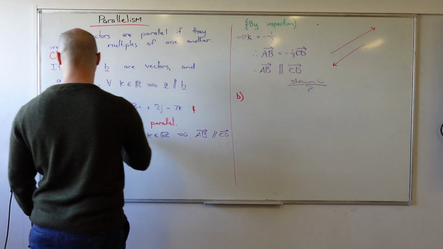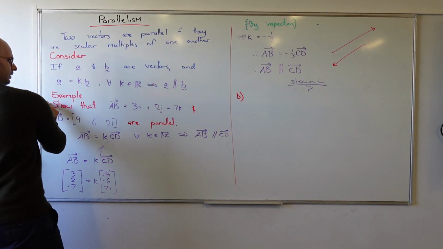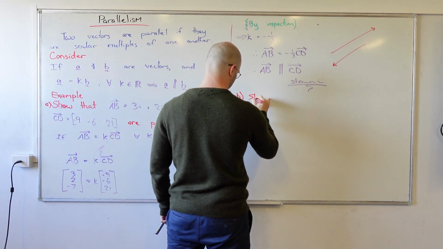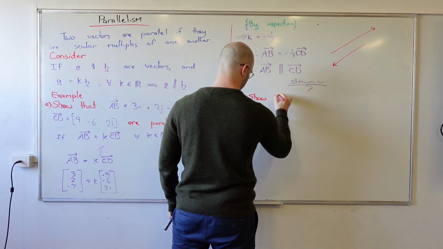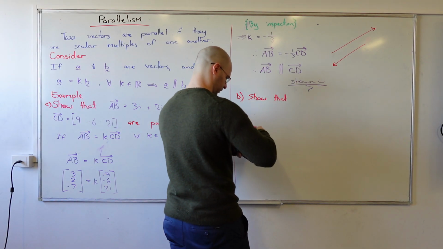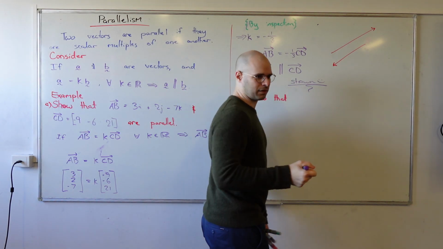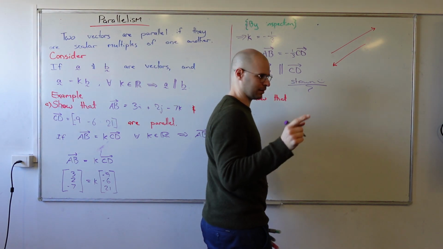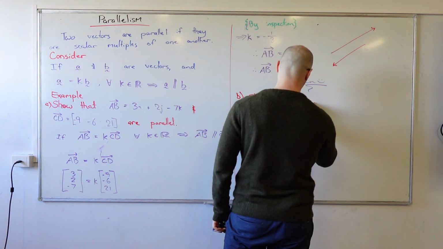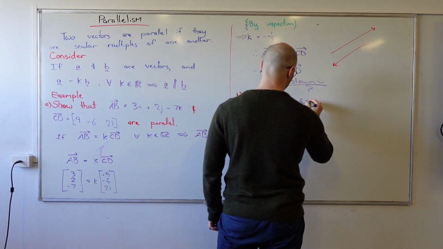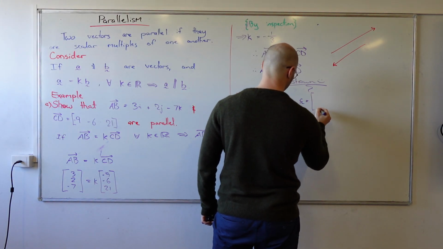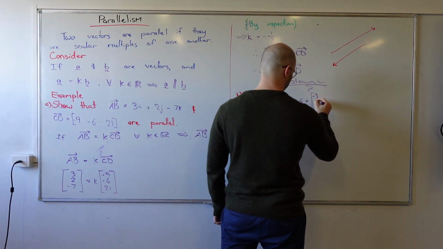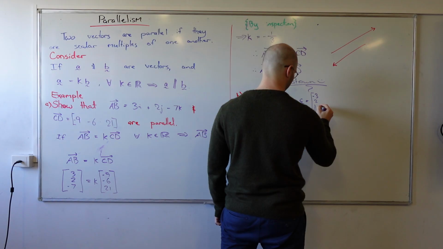Let's say. So this is A. What's your favorite letter, please, Isaac? C. Show that C, which is equal to a column vector, will go -3, 10.